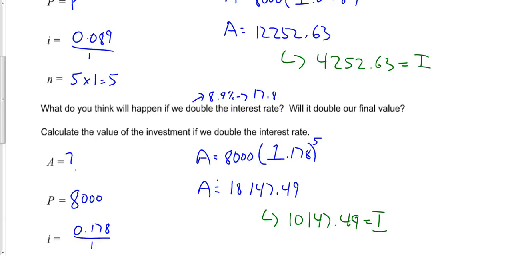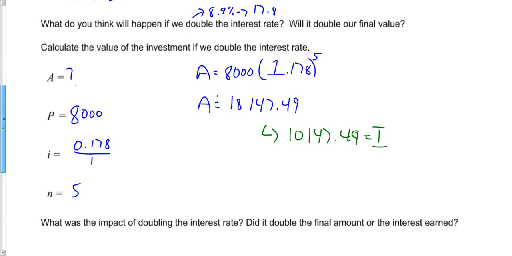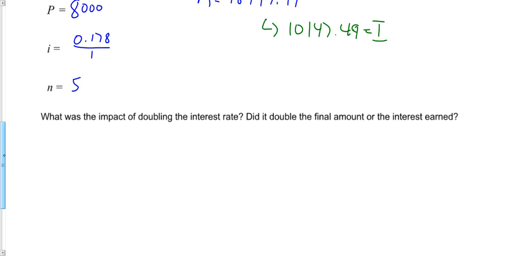So obviously increasing the interest rate increases the amount of interest we earned. So what was the impact of doubling the interest rate? We made more money. In simple terms, we made more money.